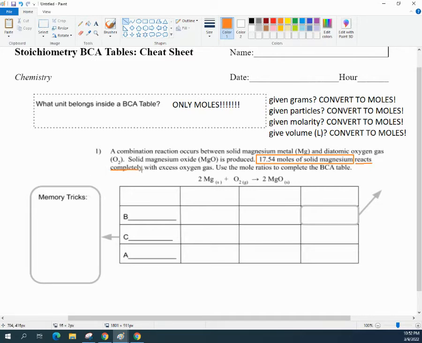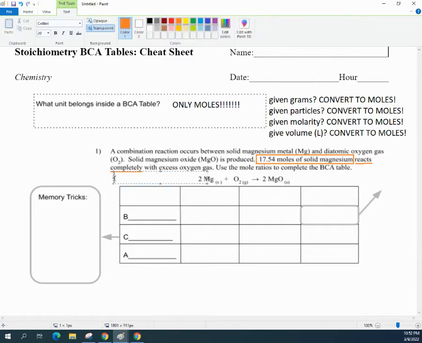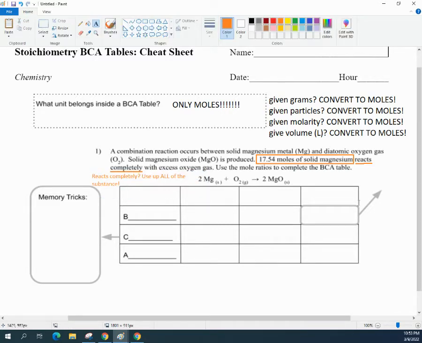What this means is that when something reacts completely, we are going to use up all of that solid magnesium. So keyword number one: if we see reacts completely, that means we are using up all of the substance.